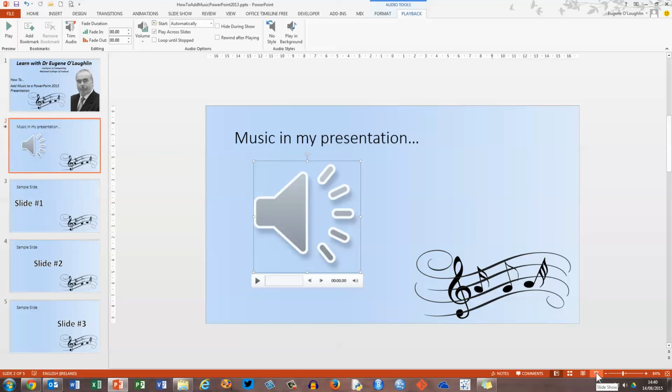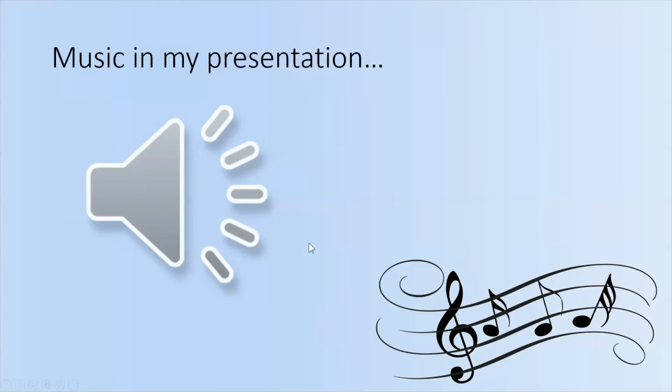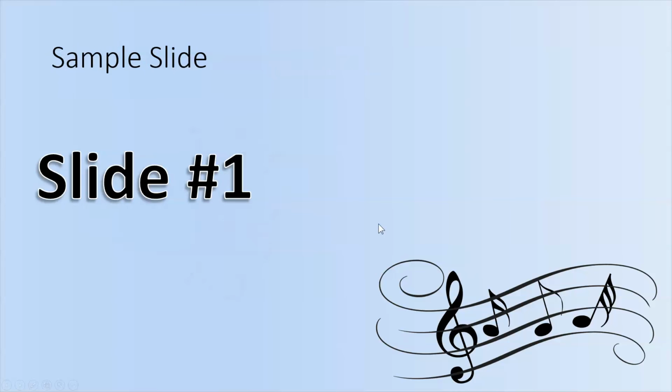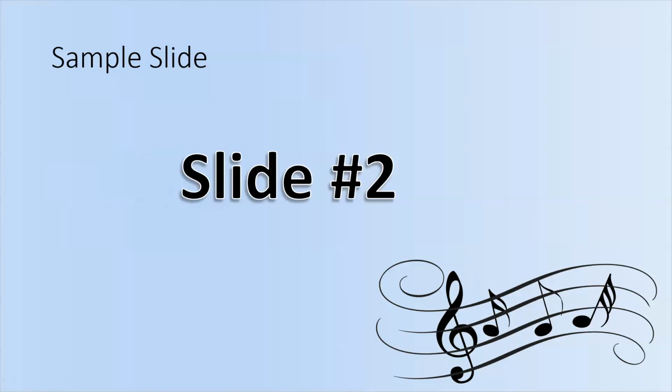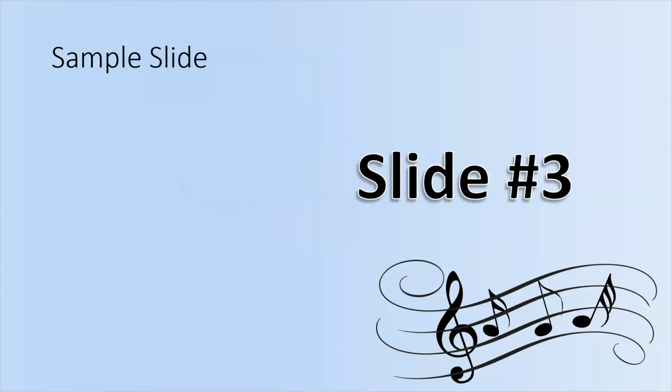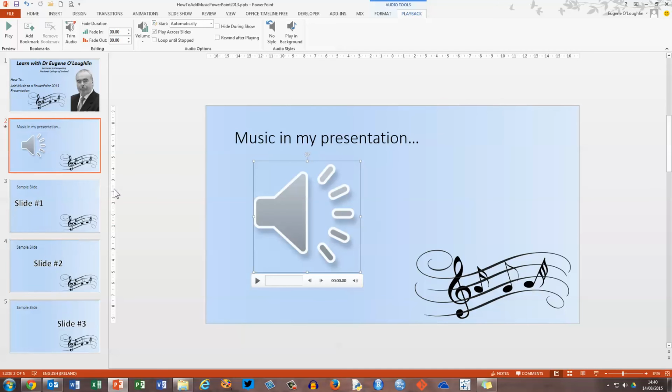When you run the slide show again, so click on the option to run the slideshow, you can see as I run it across the slides, my music file will play.